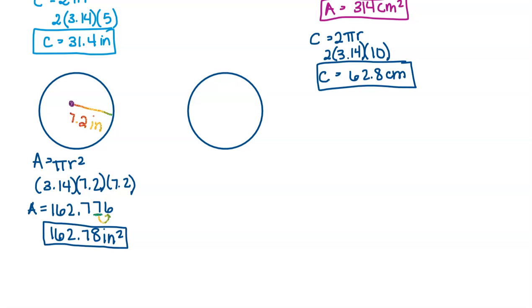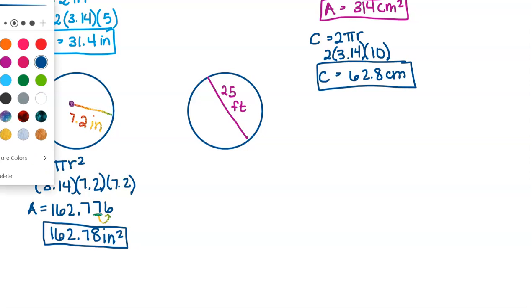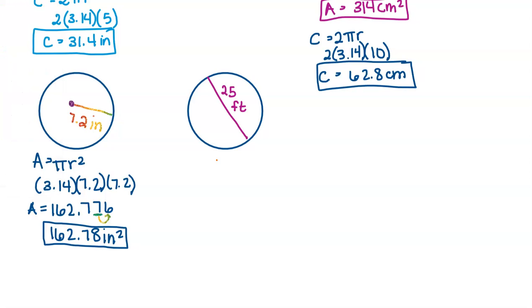So what we're going to do is make it so that we're rounding everything to the hundredths place. Let's say we have this one, and this time let's make it 25 feet across. This is a pretty big circle. Let's say we want to find the circumference.